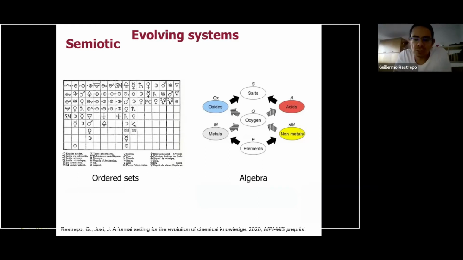But we could also talk about algebra. For example, what Lavoisier had at the end of the day was an algebra for chemistry, where you have different sets, and when you combine elements of those sets, you end up with other sets, and then you start to build up all the hierarchy of chemistry.